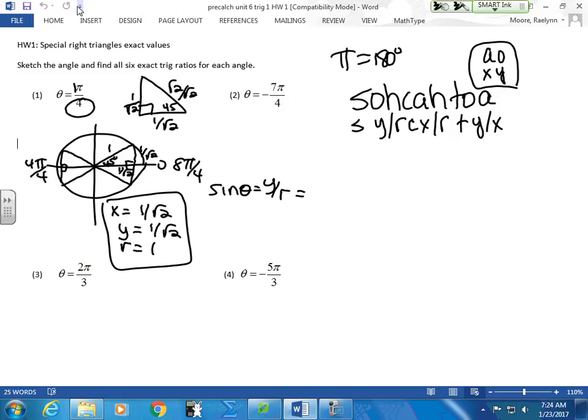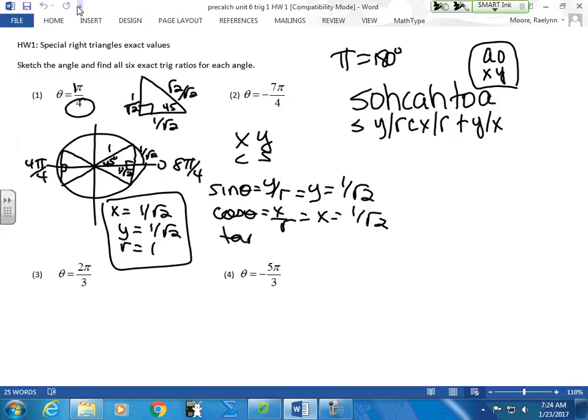Remember what we said, because it's over 1, the sine actually becomes the y value. Cosine actually becomes the x value. And it makes sense. X, Y, cosine sine. Tangent is y over x. Well, it's 1 over radical 2 over 1 over radical 2, which is itself, 1.